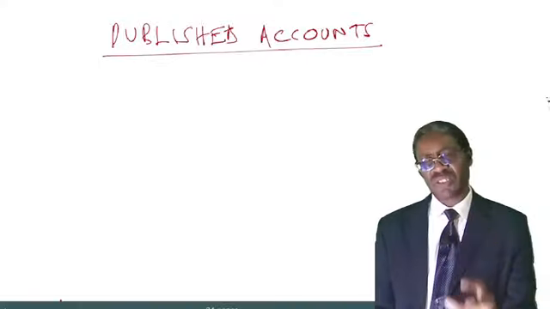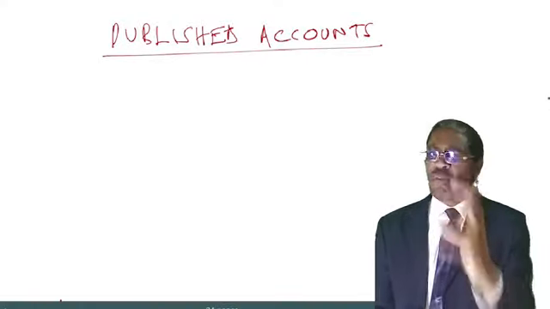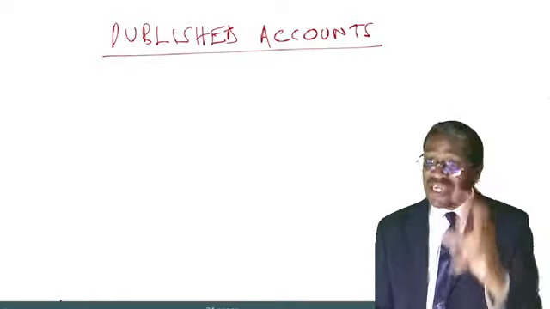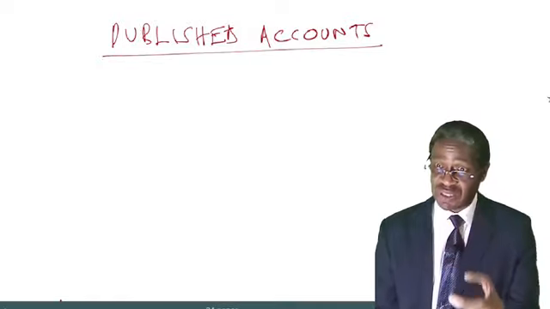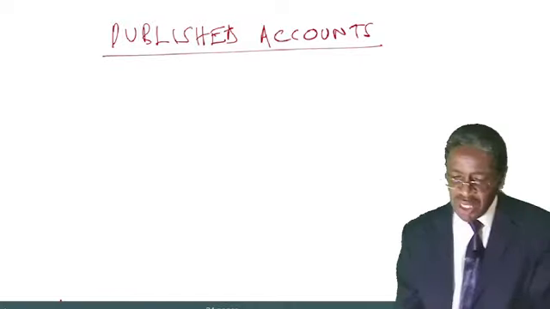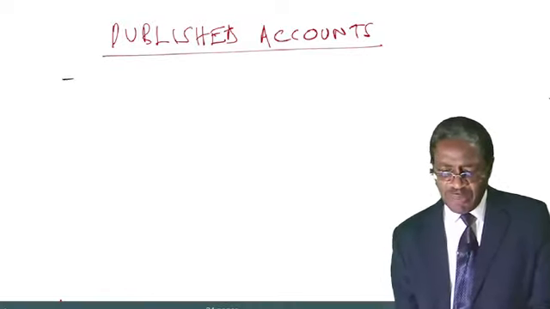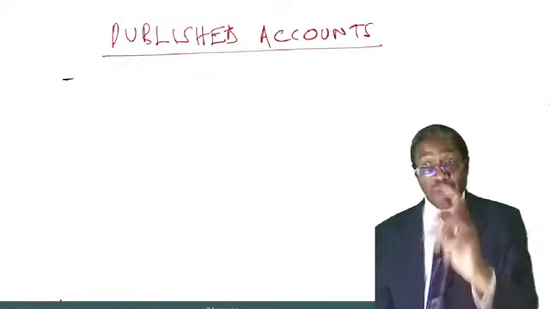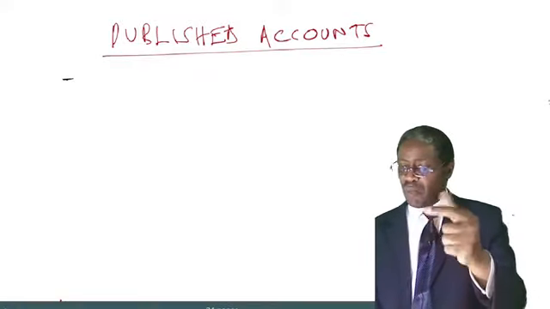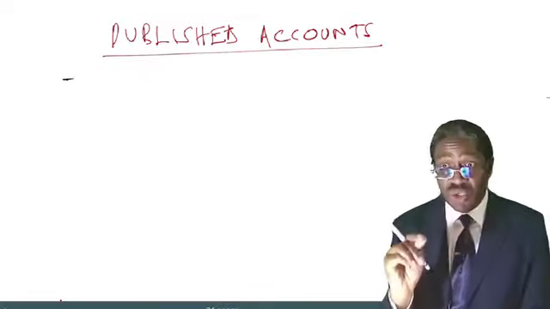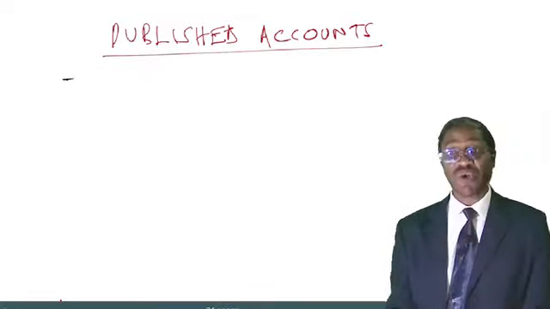In other words, what are the components of a complete set of financial statements? The following are the components. In other words, whenever you are preparing your published accounts, you are required to include the following.